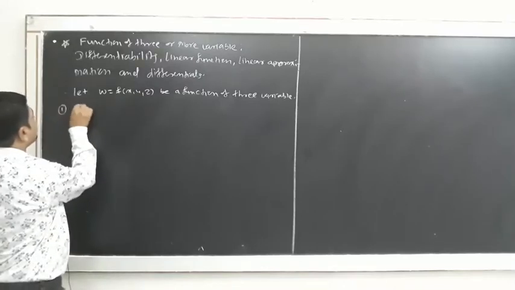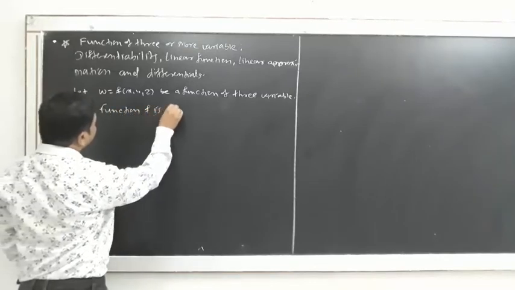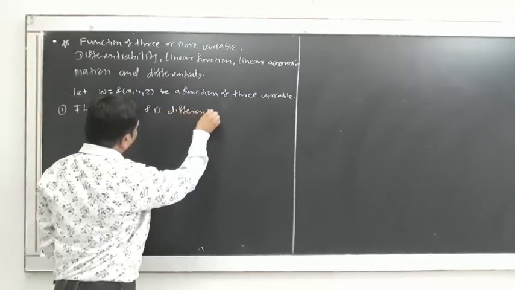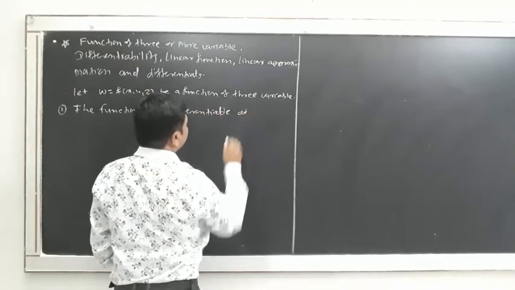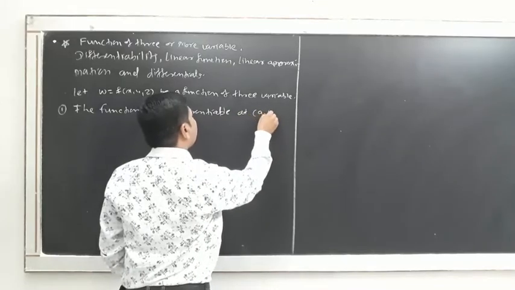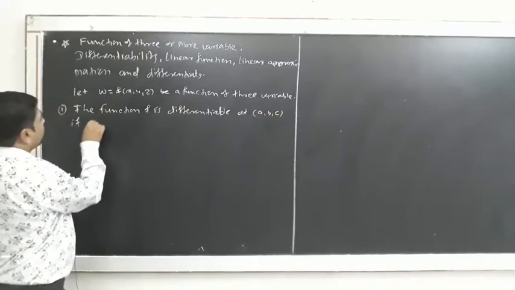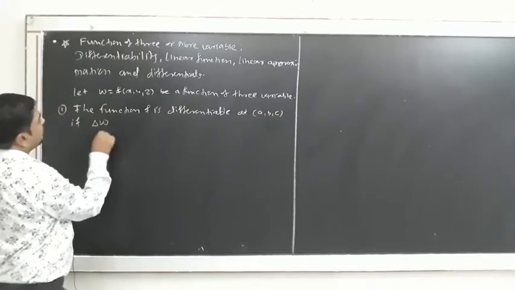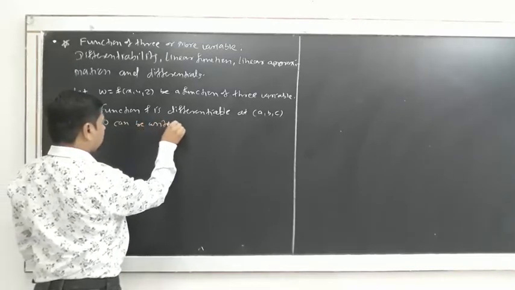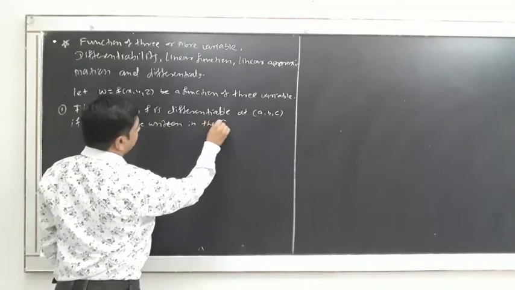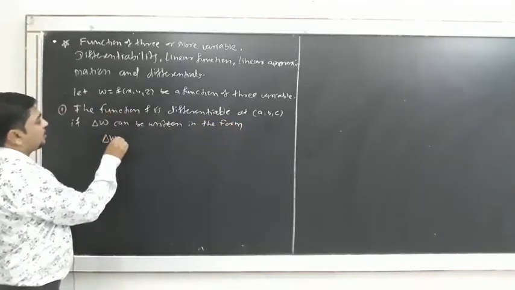If the function f is differentiable at the point (a, b, c), if delta w can be written in the form, what? Delta w is equal to.